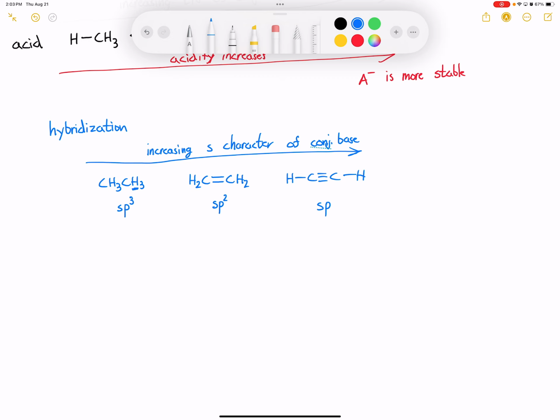The nucleus, okay? If you're more spherical in shape, there's a higher chance you're going to pop up near the nucleus. That's going to stabilize those electrons through the opposite attraction force. So that's why the acidity will increase this way.